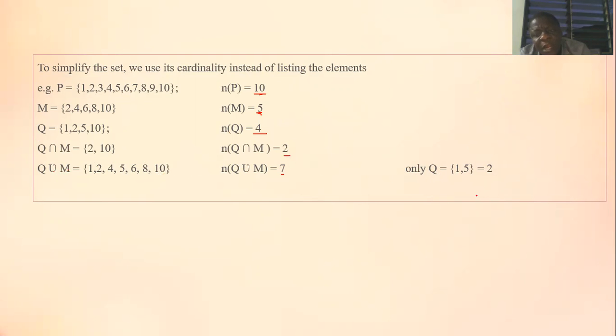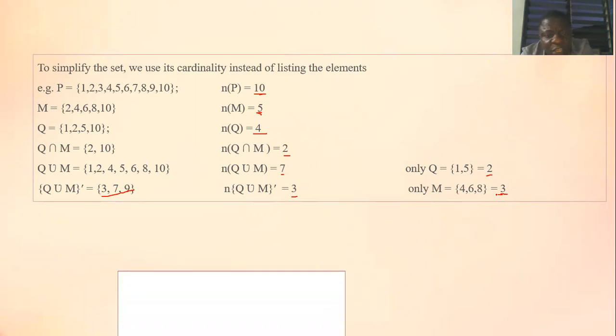Then the number of elements remaining in only Q is 1 and 5, and that's only 2 elements. Then the complement of Q union M is 3, 7, and 9. That is also 3 elements. We have only M to be 4, 6, and 8, and that will give us only 3 elements. So instead of listing or writing each element, we now rather write the number of elements that are supposed to go into each region. So let's see the illustration.